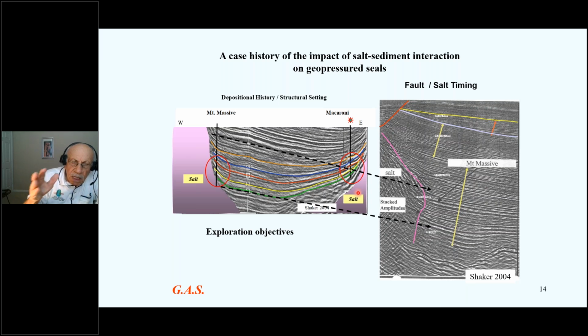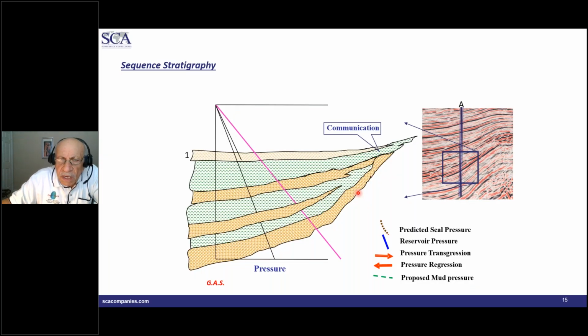So also compartmentalization, I was going to say sequence stratigraphy is a guide to tell you where is your breached seal from a competent seal. Here is the sequence stratigraphy also to tell you about compartmentalization.